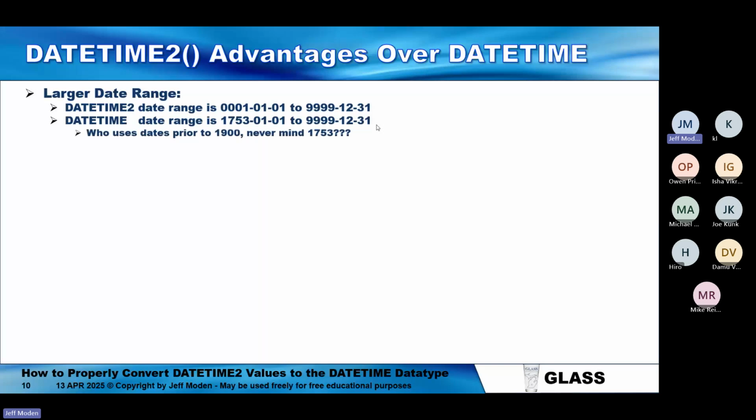My other question is, who's using date times prior to 1900? Never mind 1753 in SQL Server. If you're using dates prior to 1900, you're in a very unusual job, because I've never heard of anybody having to do with finances, even birthdays, of having people prior to 1900.